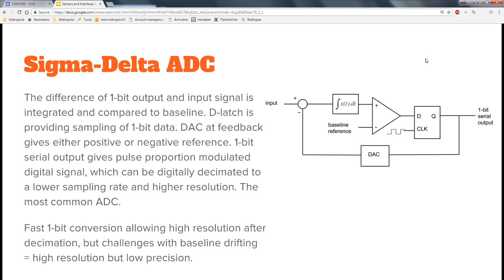Okay, that was the integrating. So if you need very high precision with lots of bits and you have time to do the conversion, then that's your choice. The most common type of A to D converters is actually sigma delta.